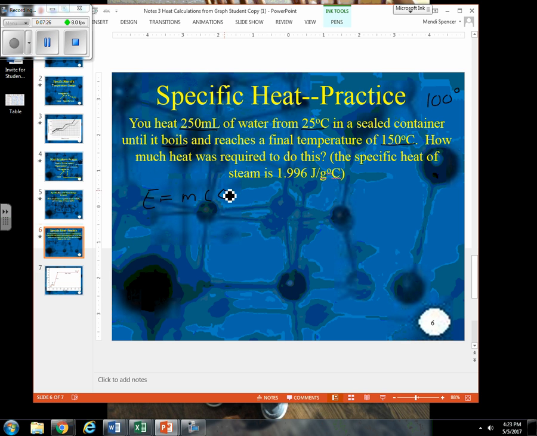We're not looking at a phase change yet. We are going to use that original equation we've worked with the past few days, E equals mc delta T. So we know that we are working with 250 grams of water. We are working with liquid water, which has a specific heat of 4.18.